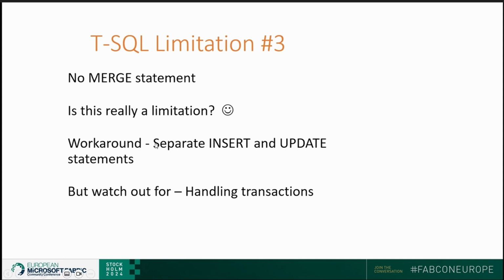So I have separate insert and update statements. The thing you have to watch out for is handling those as a transaction. I'll do my update first before my insert. If my update succeeds and my insert fails, is that a problem?